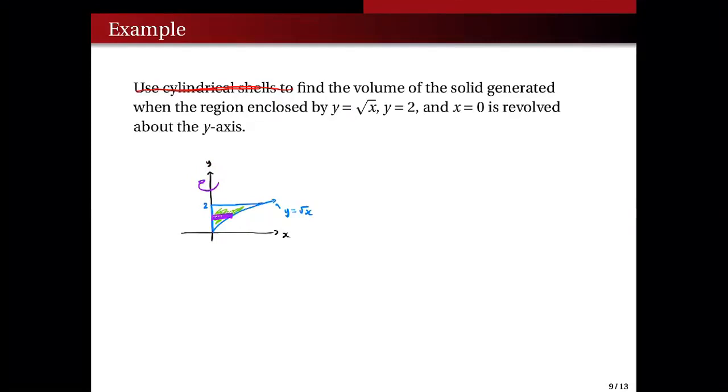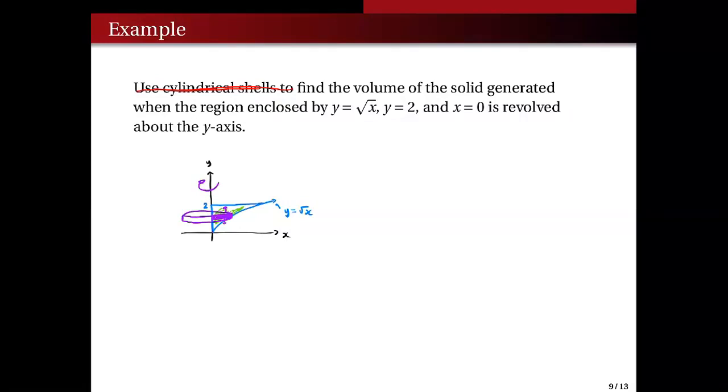Of course, if you revolve this about the y-axis, you will just get a disk. There's no hole. Correct? Now, this disk will move vertically because the strip is horizontal. It will move vertically, going up or going down.